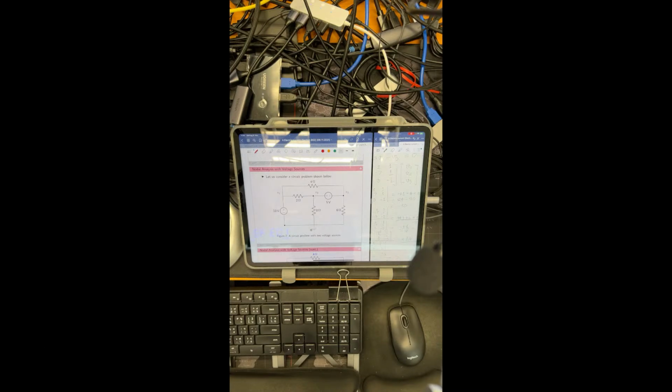But we are in the fourth chapter, and if you still want to use nodal analysis, is it possible? It is possible, but it's not good.